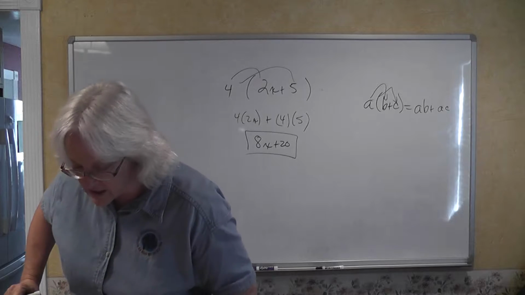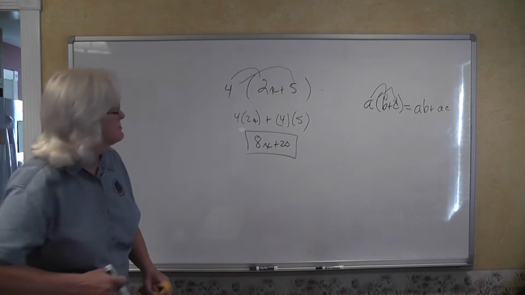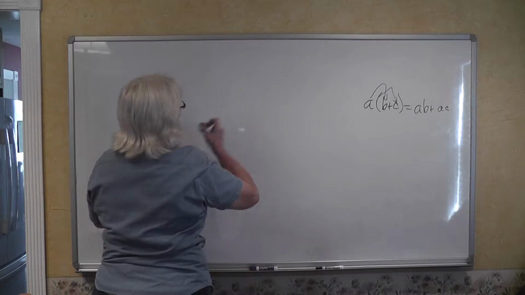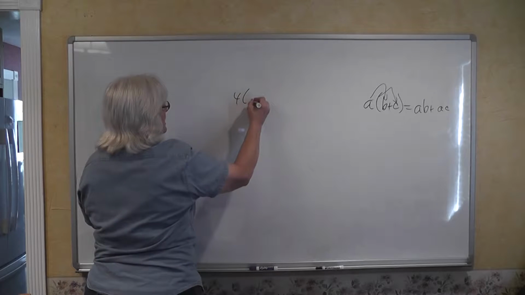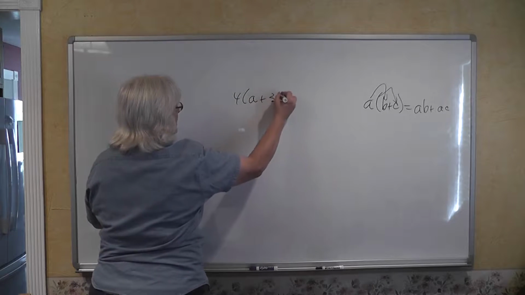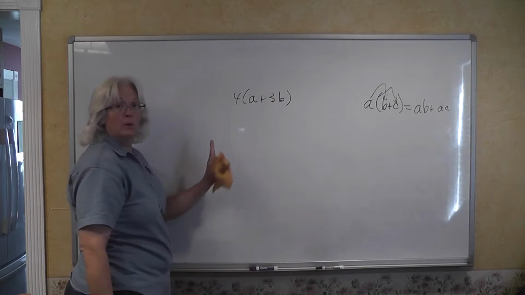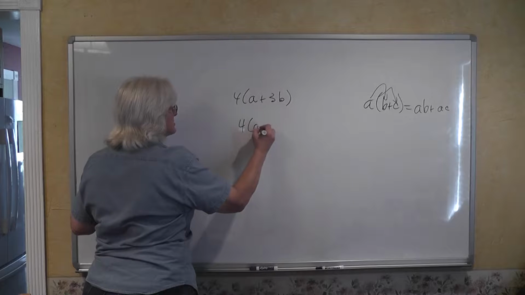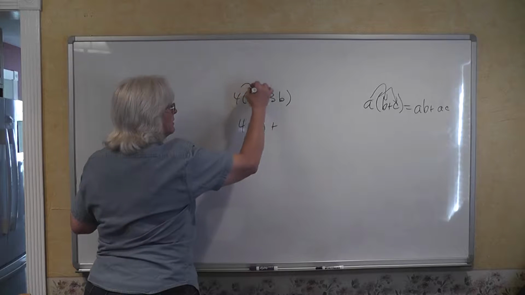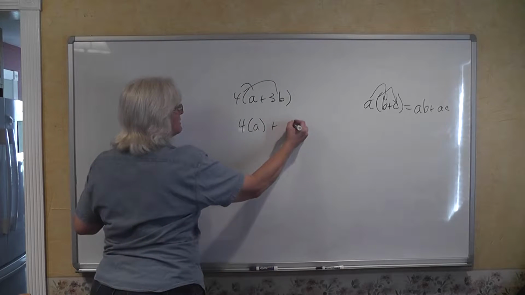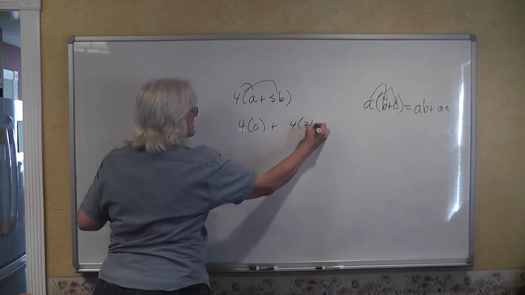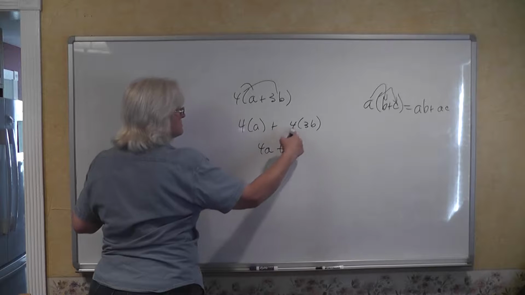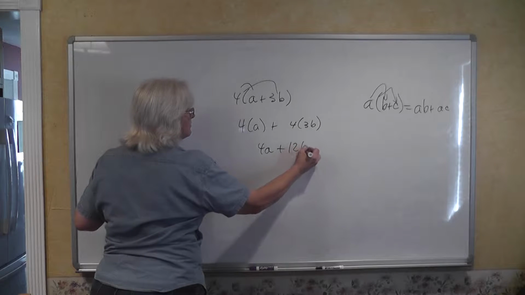So let me look at example 1, which is very similar to this, 4 times the quantity a plus 3b. We take our factor on the outside, multiply it against each term inside the parentheses. 4 times A is 4A, plus 4 times 3B, 4 times 3 is 12B.